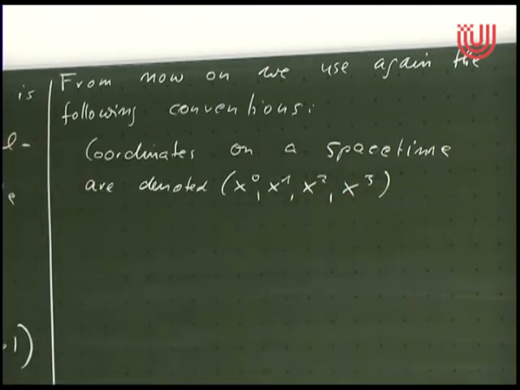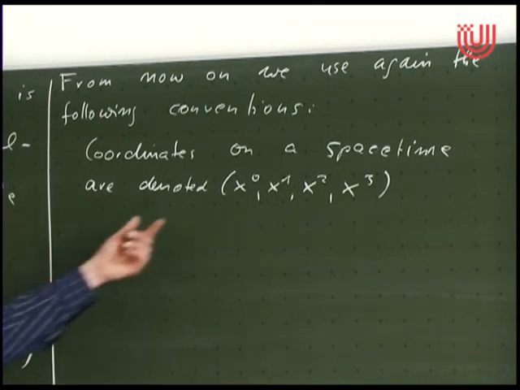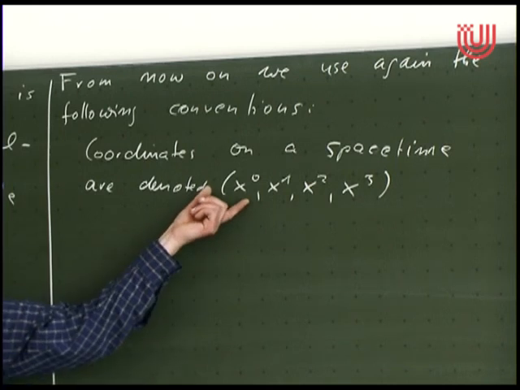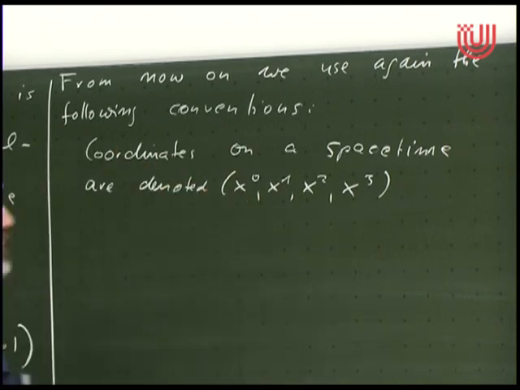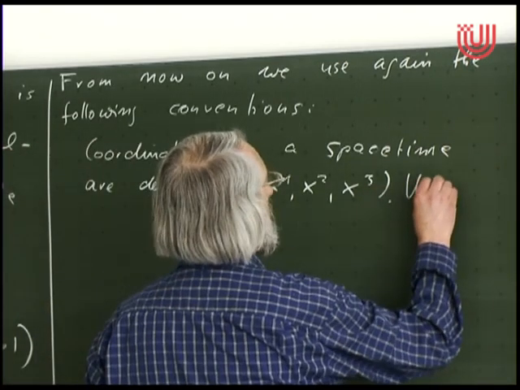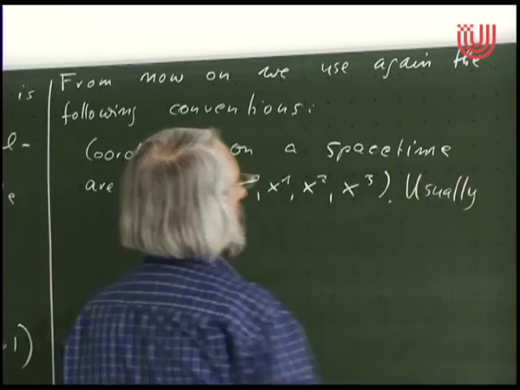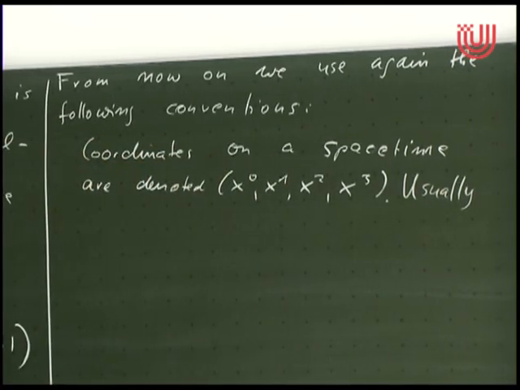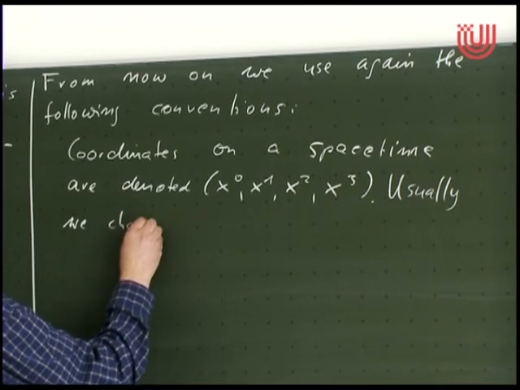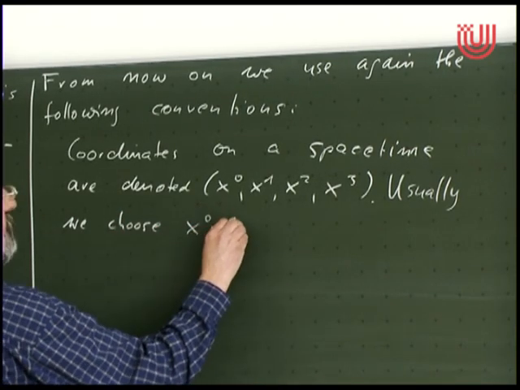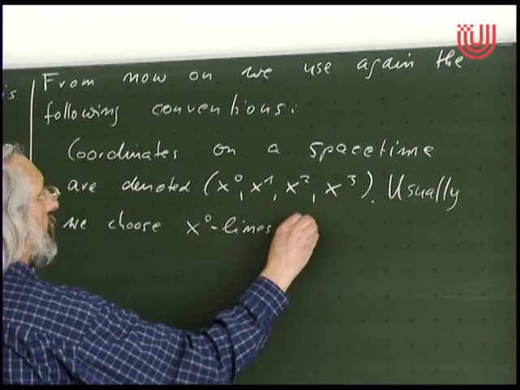And the reason why we distinguish one of them by giving it the index 0 is that usually we choose for the x0 coordinate a time-like coordinate. So we choose it in a way that the x0 lines are time-like. Actually, it's not always done this way. There are some applications where it's helpful to do something else, but in most cases, we choose the x0 lines time-like.